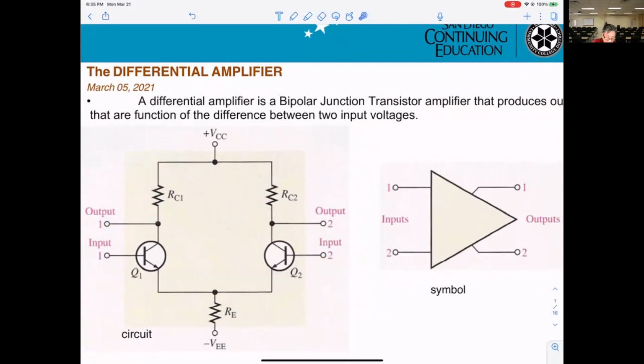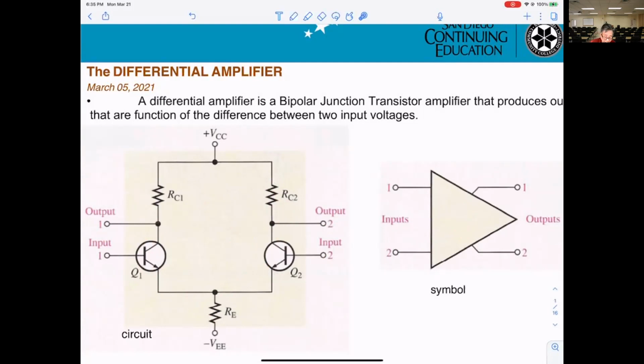Okay, next will be the differential amplifier. A differential amplifier is a bipolar junction transistor amplifier. This is a symbol and this is the circuitry inside.